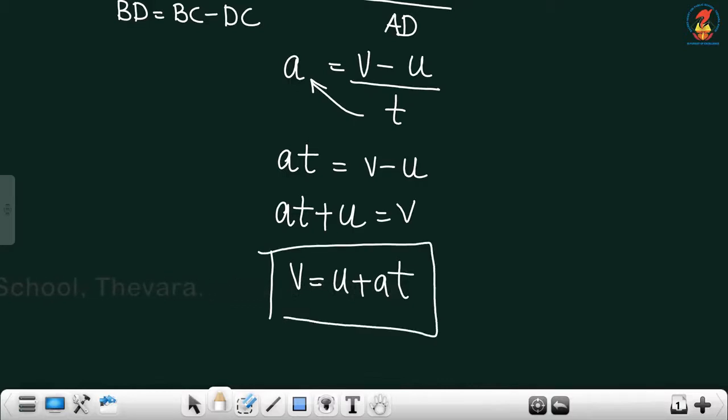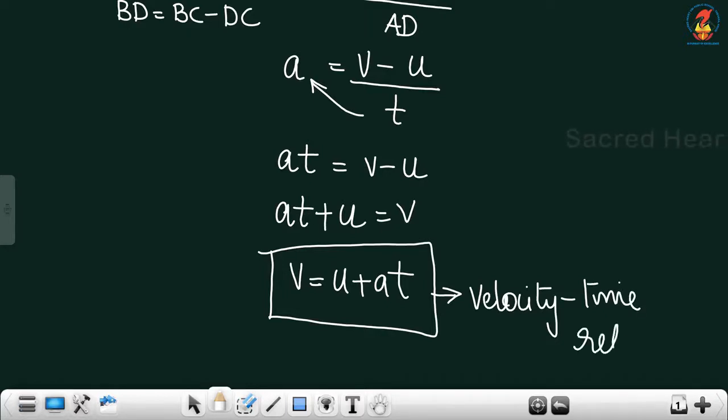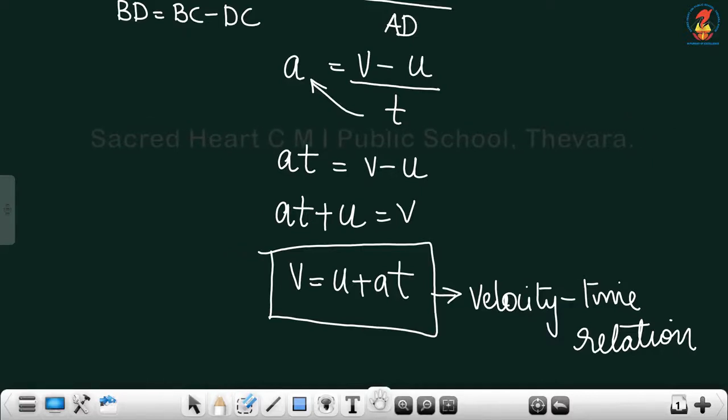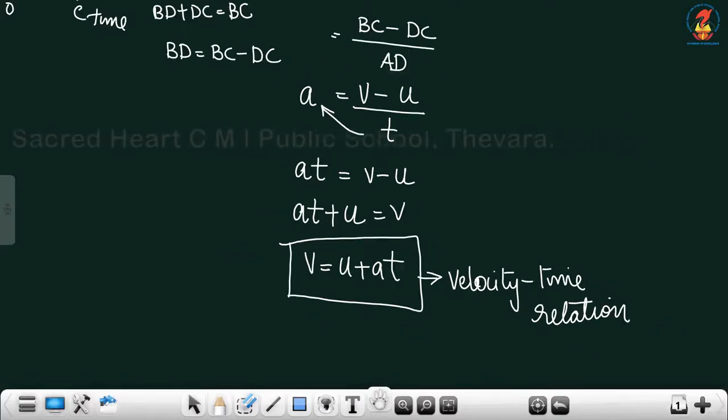This equation is also known as velocity time relation. So, how did we derive this equation?